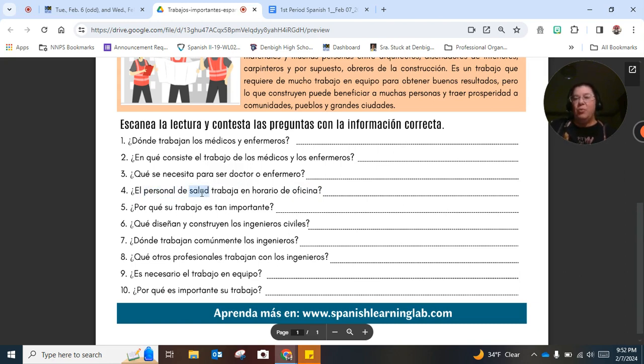That's a word from Spanish 1. It's a class you can take. You take PE and when you sneeze, you say salud, health. So personal of health, work, office, horario, hours, schedule. What's that question mean? Can you figure out what that question's asking you now?